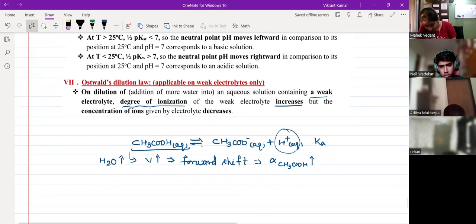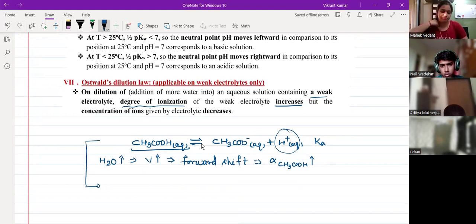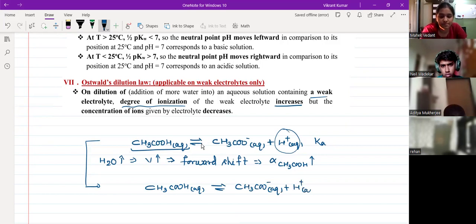Now I'll give you the mathematical part also. Like if I'm talking about this one, and if I try to do the calculation, if I'm having CH3COOH, which is a weak electrolyte, and if I write CH3COO minus and H plus aqueous, we are getting, and some Ka was given initially.